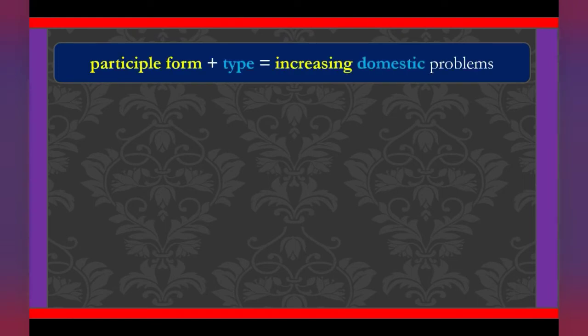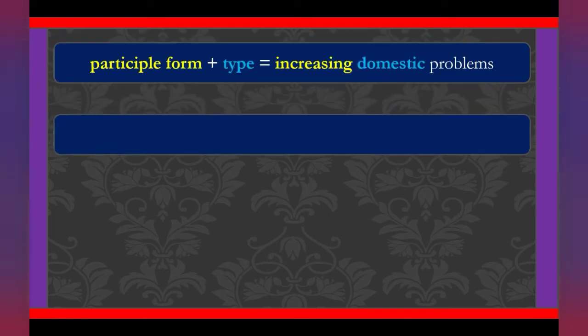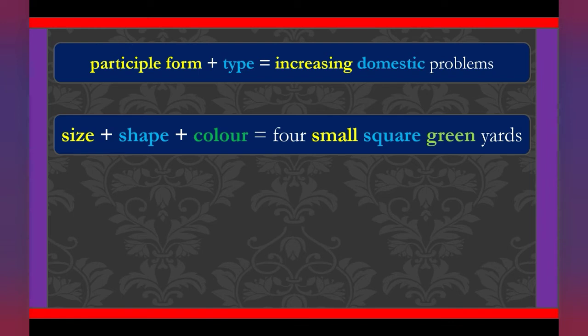Participle form plus type: increasing domestic problems. Size plus shape plus color: four small square green yards.